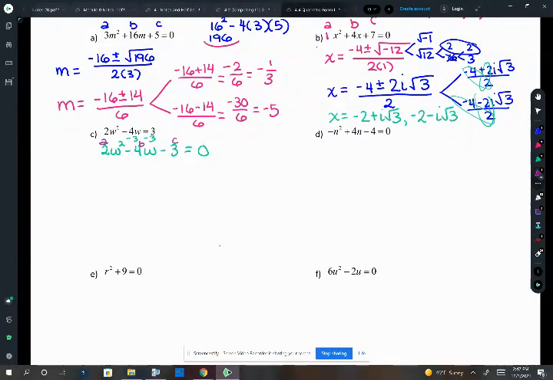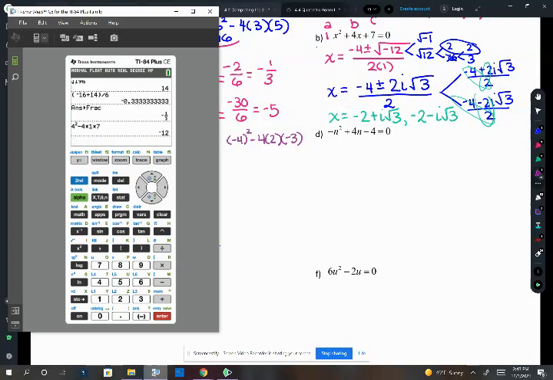So when I do my discriminant, I've got -4 squared minus 4 times A times C. And so I get 16. Actually, I'll just put it in our calculator. That's probably going to be easier for you guys. Make sure you're putting it in parentheses.